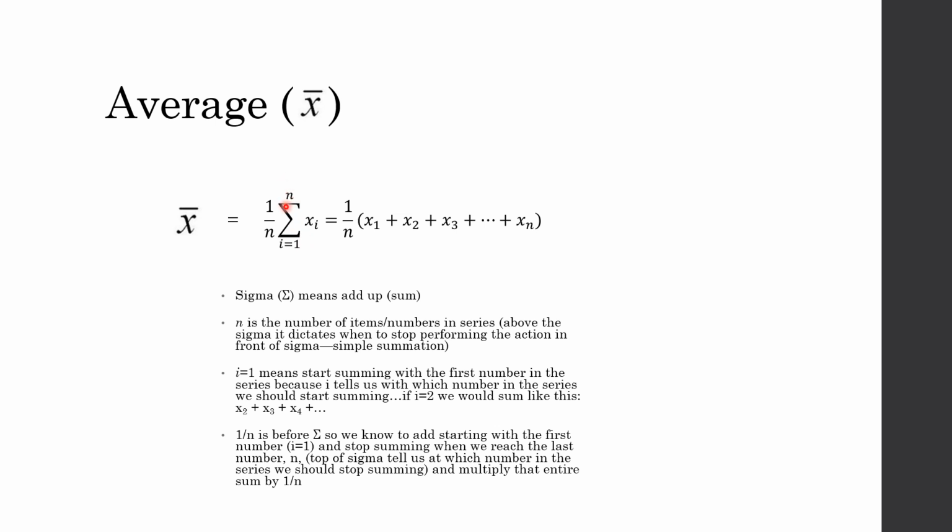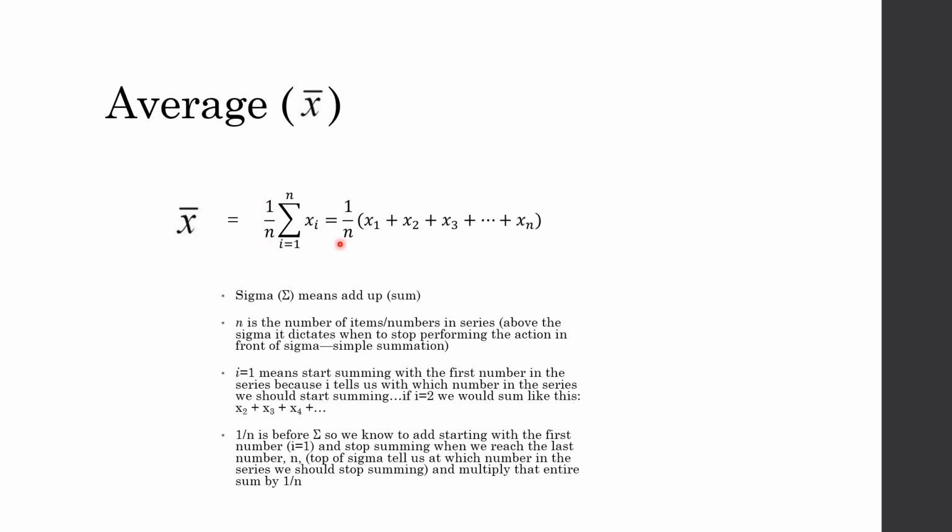Okay? Now, n is telling me how many numbers I have in the series. Okay? And then i, so you can see that this x subscript i is telling me which number to start with in the series. Okay? Then when all of that is said and done, when I've summed up x_i, starting with the first number and going all the way to the last number, then I'm going to multiply that by 1 over n.